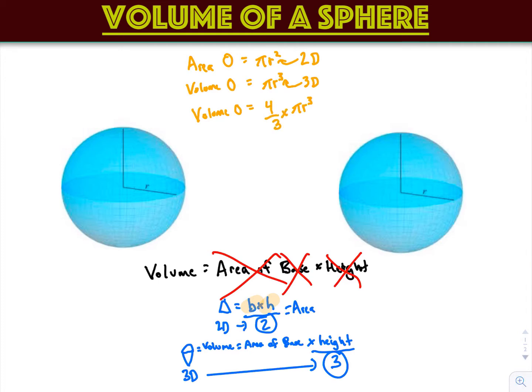In upper level secondary high school mathematics, you'll learn why it's 4/3, but for now, here's an easy way to remember this that doesn't really do its due diligence in explaining why it is. We remember the 3 because it's a 3D shape, and the 4 because when it comes to our globe, we often talk about spheres in terms of hemispheres.